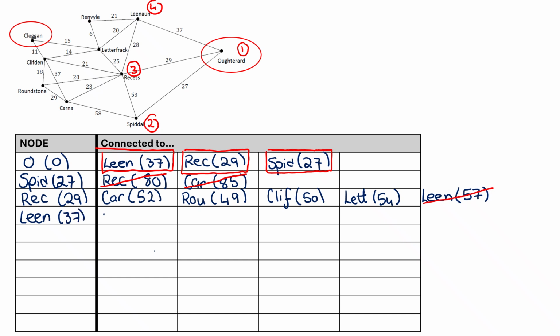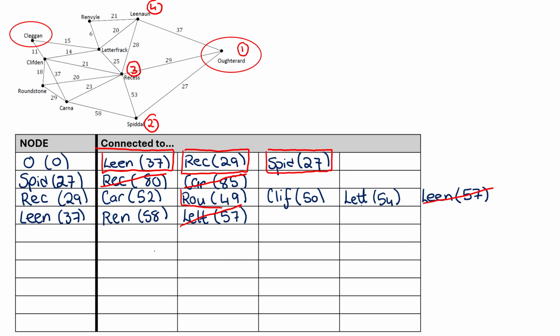Connecting to that, I have 37 plus my 21, so it's going to give me 58. I have my letter franc, which is an extra 20, so that's going to be 57. And that's it. Let's look at our duplicates. A letter franc, we have a smaller version. We've no other duplicates.